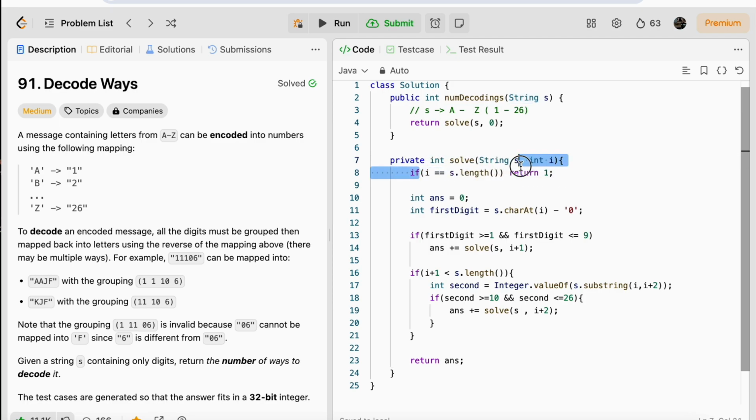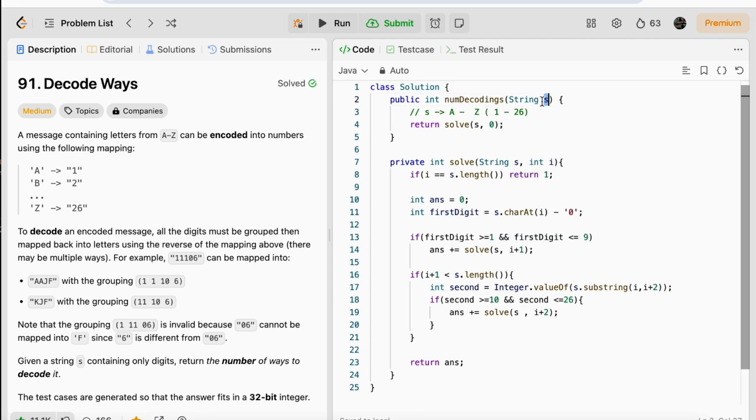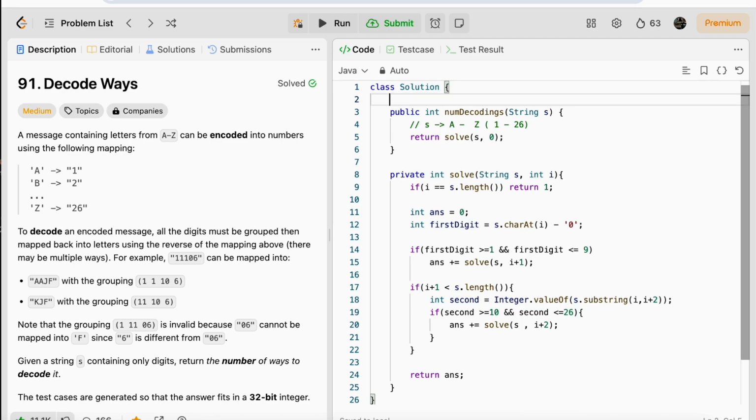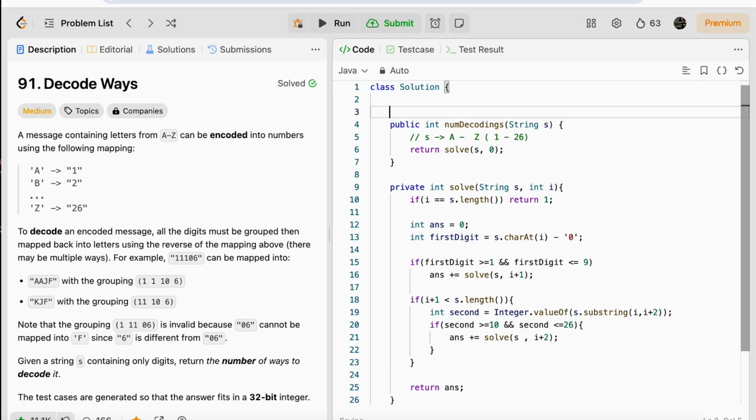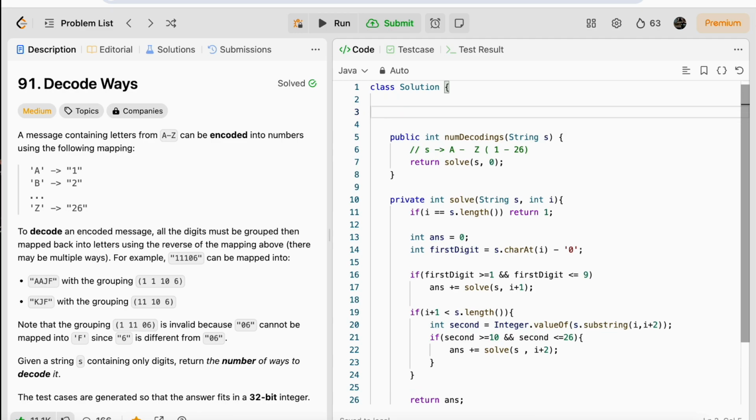On every valid decoding I'm returning 1, so that's why it will be the number of ways to decode the string starting with i. So starting with 0, we are decoding the complete string, and this is going to be our answer. Whenever we have calculated our answer for any value of i, we can store that, and the i value can go from 0 to the complete length.